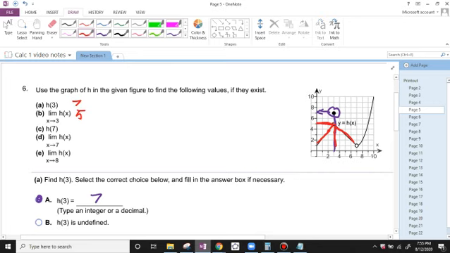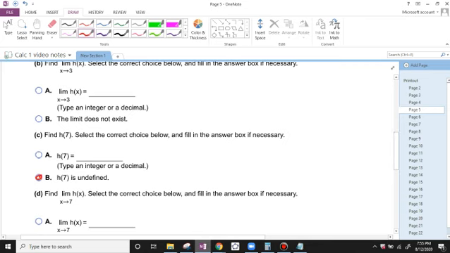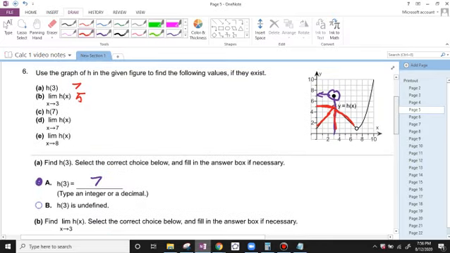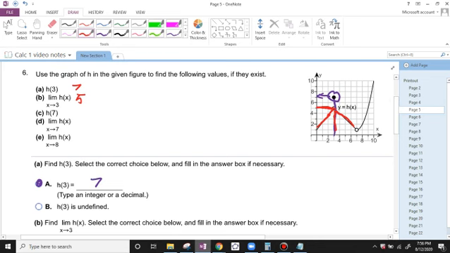H of 7, the value at 7, is undefined. Let's see if that's a choice. H of 7 is undefined. We said the limit as x goes to 3 was 5. And then finally, the limit as x goes to 7 of h of x. Here's h of x.